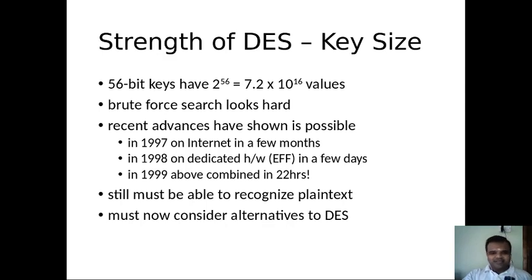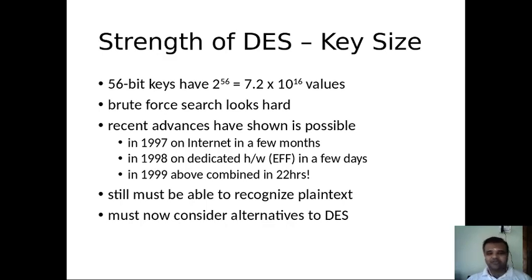Now let us discuss a little bit on the strength of the Data Encryption Algorithm. With 56 bits of key size, you have 7.2 times 10 to the power 16 different values. So a normal brute force attack looks very, very difficult at first sight. Well, it was shown in recent years that brute force can work to break this algorithm.